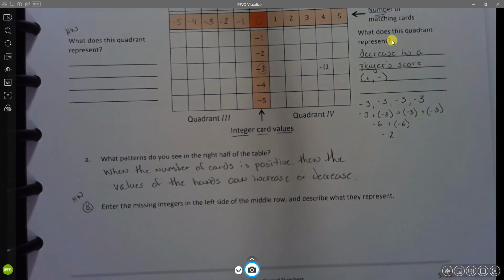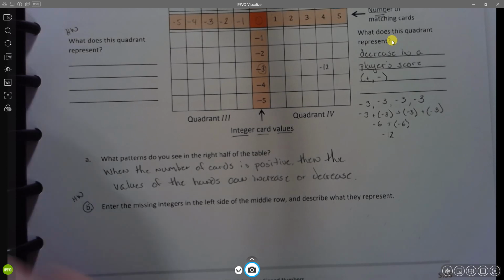But one value is positive on this side. In quadrants 1 and 4, one set of values is positive. That's important. That's a pattern that I noticed.